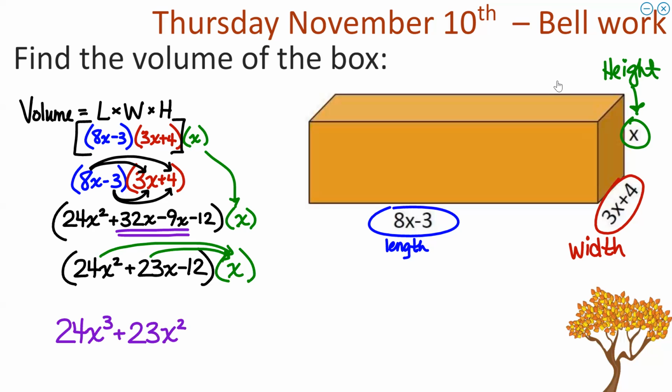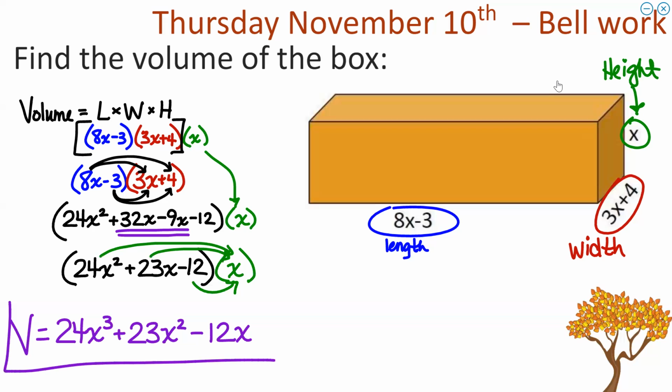Am I done with my distribution? What else do I need to distribute then? Negative 12. So this ends with what? Negative 12x, or minus 12x. And that is my volume.